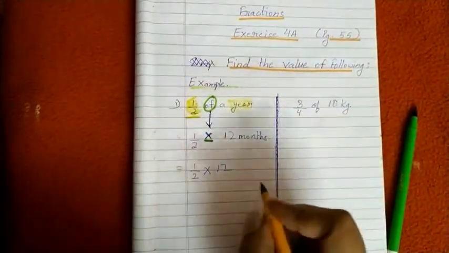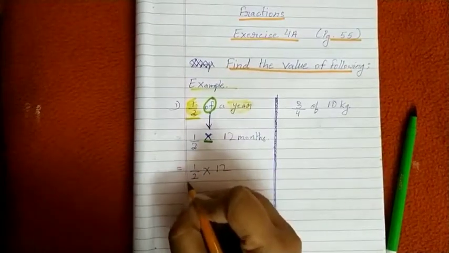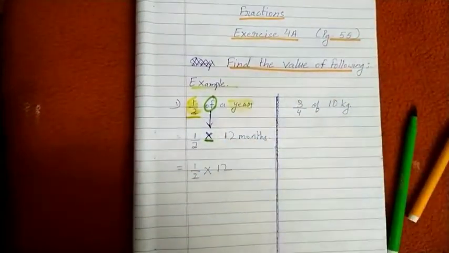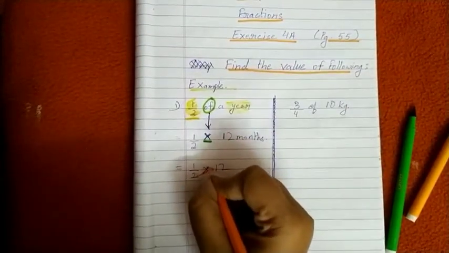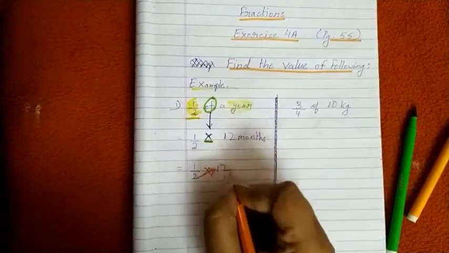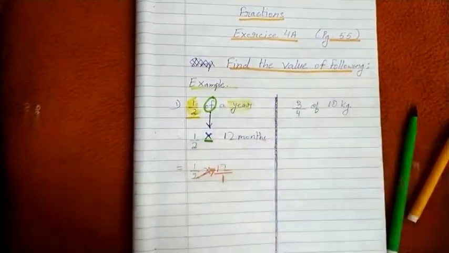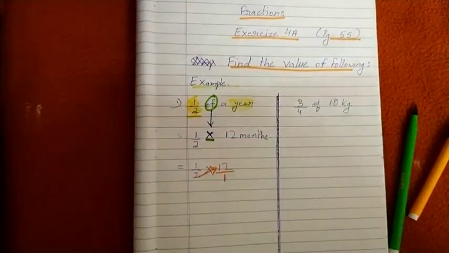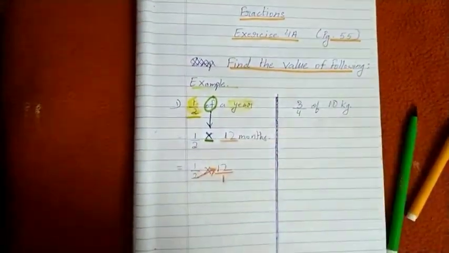First, you simply cancel, cross-simplifying like this. And one more thing, children. If nothing is there as a denominator, then we take 1 as a denominator. If a denominator is not given, only a number is given, then we take 1 as the denominator.